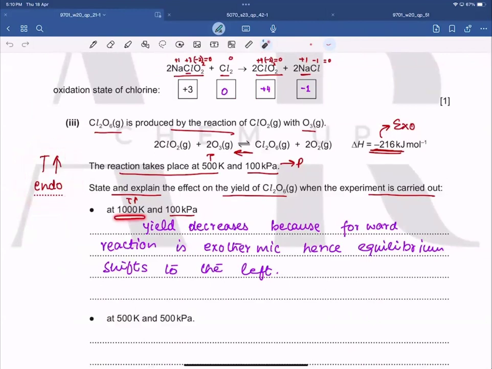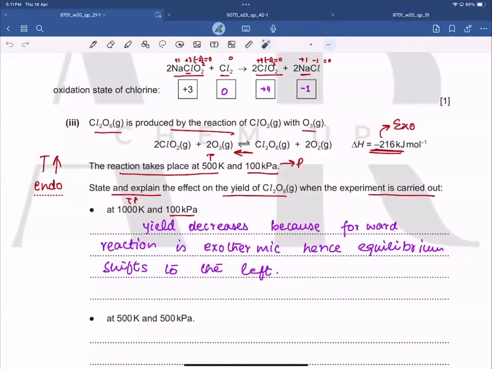At 1000 Kelvin, which is a relatively very high temperature, the reaction would shift towards the endothermic side, and the endothermic side is the backward direction. So when the temperature is this high, the backward reaction occurs, and as a result, what happens to the yield of Cl2O6? It decreases. That's where we ended the class.